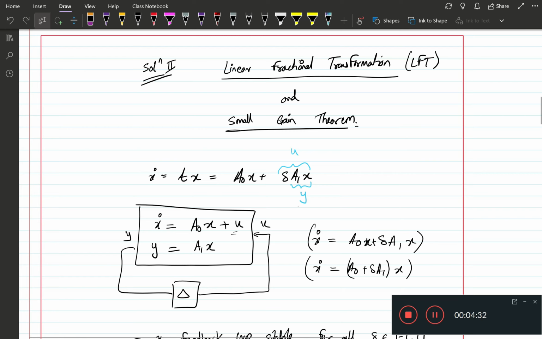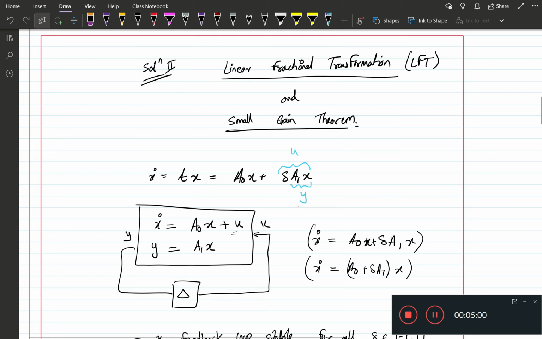So our original system was x dot equal to calligraphic A x, where A was of the form A0 plus delta A1. So I just substitute for A0 and delta A1, and as a naive approach I can call delta A1 x u and I can call A1 x y. If I do that, I can represent this uncertain system as a feedback loop shown here.